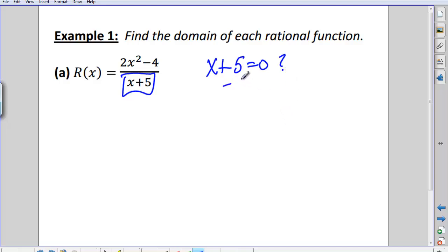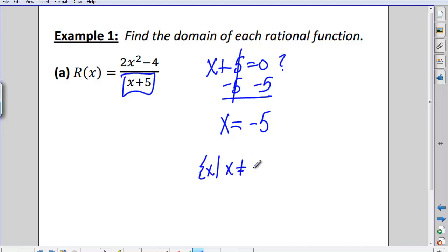Well, if you solve that, pretty simple, subtract 5 from both sides, we get that if x equals negative 5, then that denominator is 0. So we can say the domain is x values such that x is not negative 5.